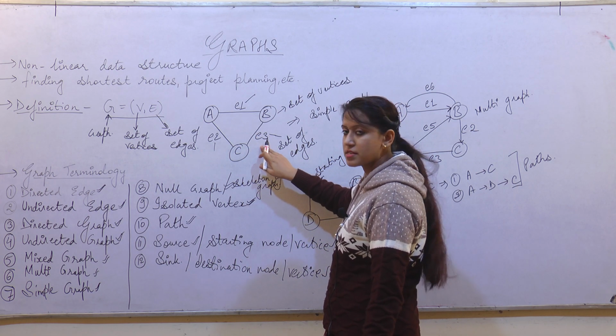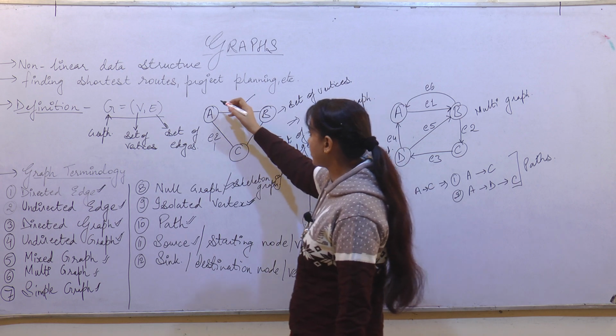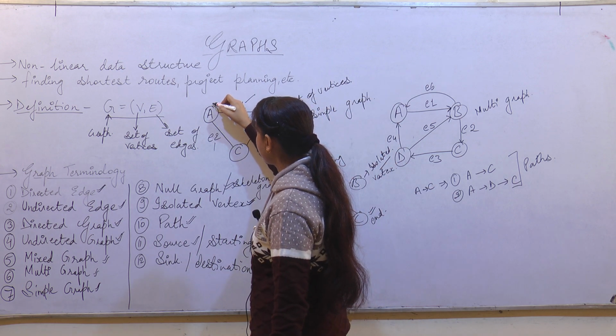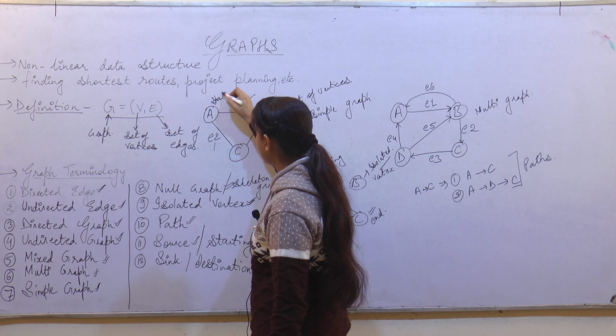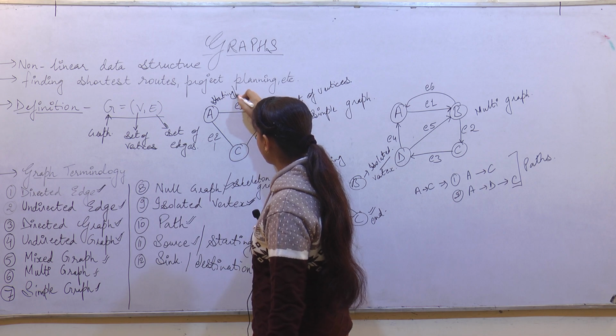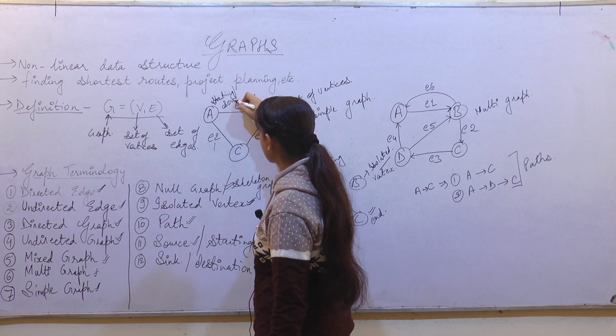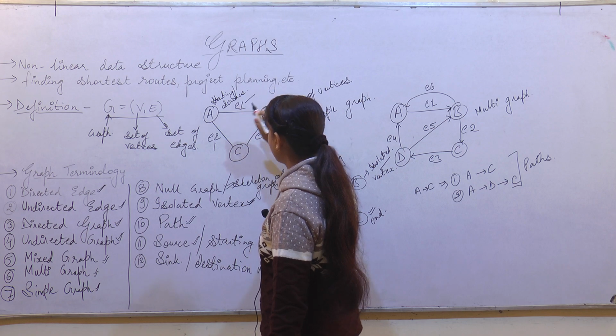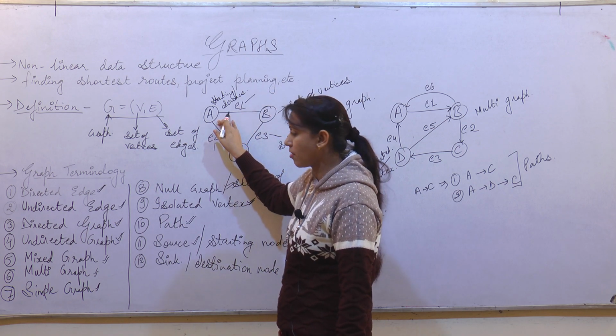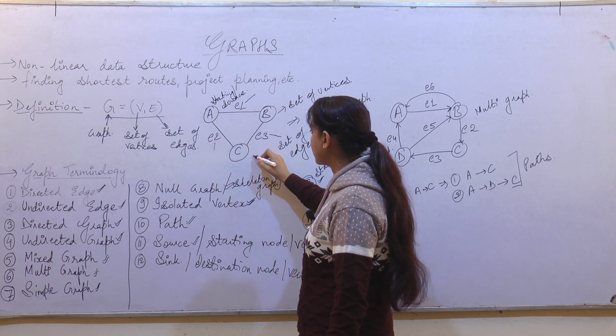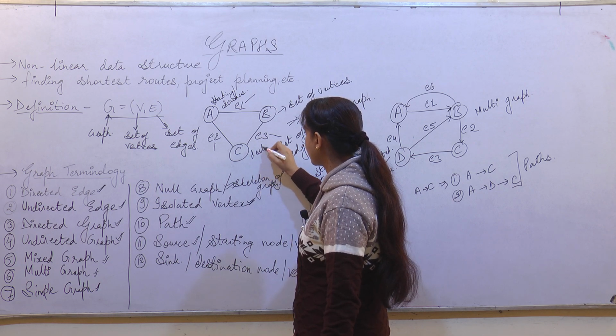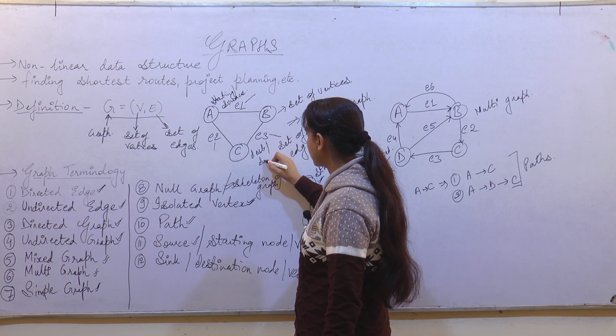Here our starting node, or source node, from which we start traveling our graph, is A, and C is our destination node, or sink node.